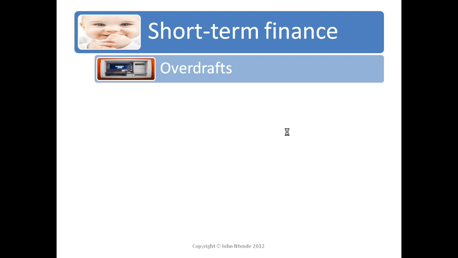Interest is then charged on the overdrawn amount. The key advantage is that interest is only paid on the overdrawn amount, and there is flexibility in the repayment terms and also in the acquisition of the facility. However, the main drawback is that overdrafts are repayable on demand.